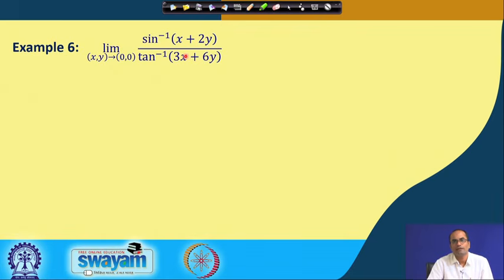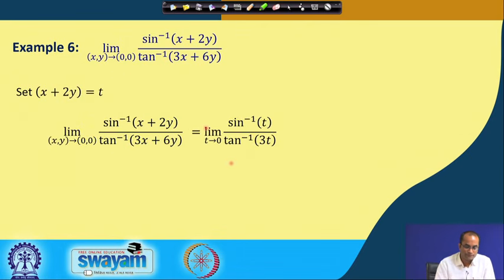If we substitute x plus 2y as a new variable t, then we can convert this limit to the limit of sin inverse t over tan inverse 3t as t approaches 0. So this is another convenient way without fixing the path.